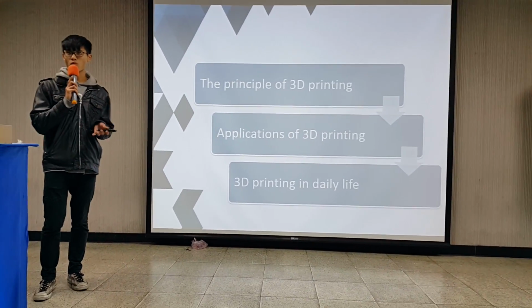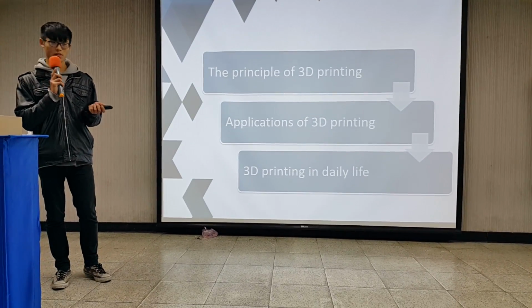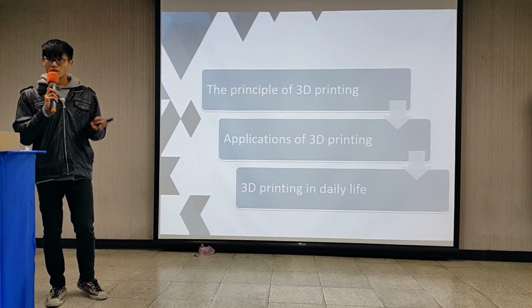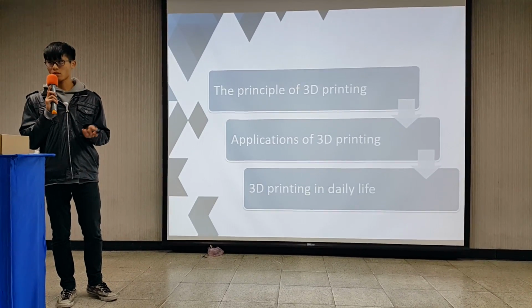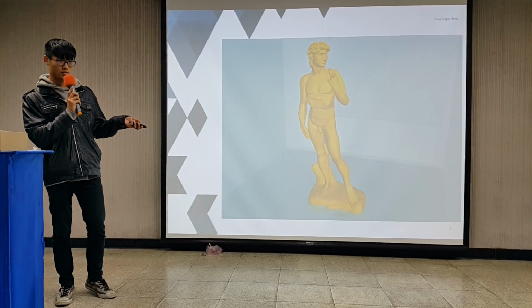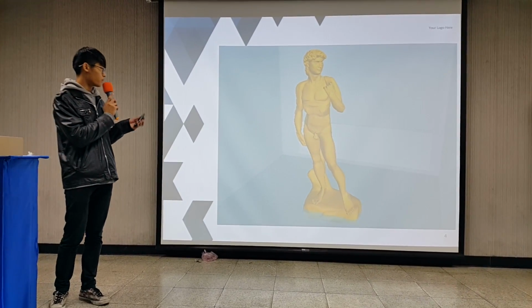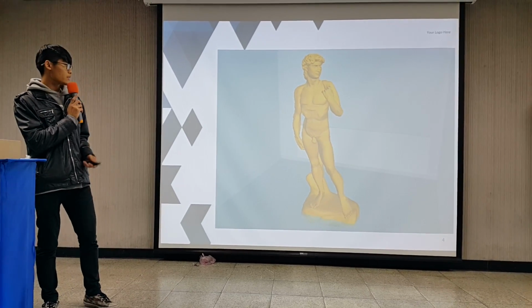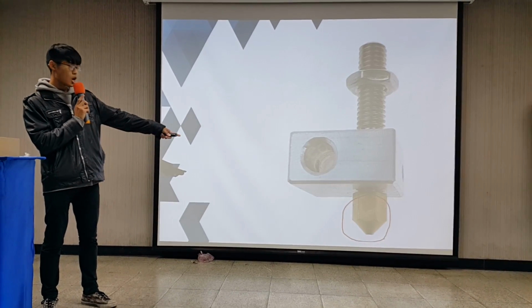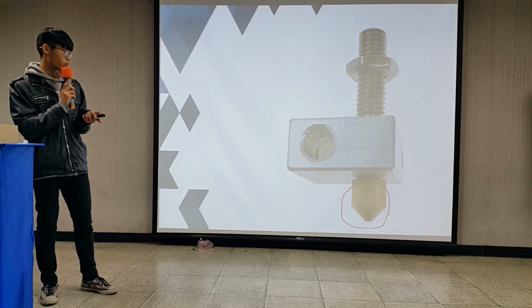I'll take plastic 3D printing for instance, because it's the most accessible one for us. To begin with, the things you want to print have to be converted into a 3D drawing file, like this. The printer will divide your drawing into many layers. Next, the nozzle of the printer will heat the material over the melting point.